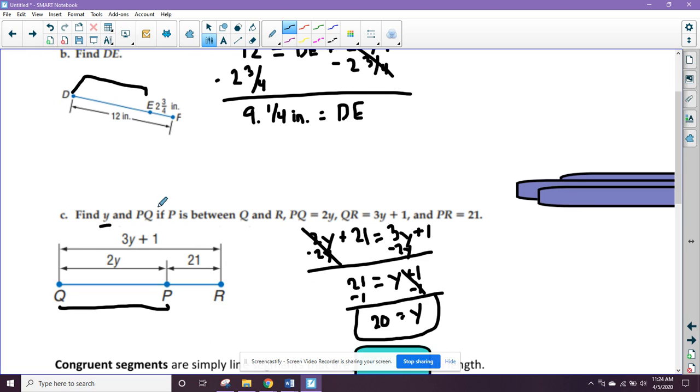Now it's telling us to find PQ. So PQ is 2Y. So all we're going to do is substitute in our Y that we found for the Y here. So 2 times 20 gives us 40.